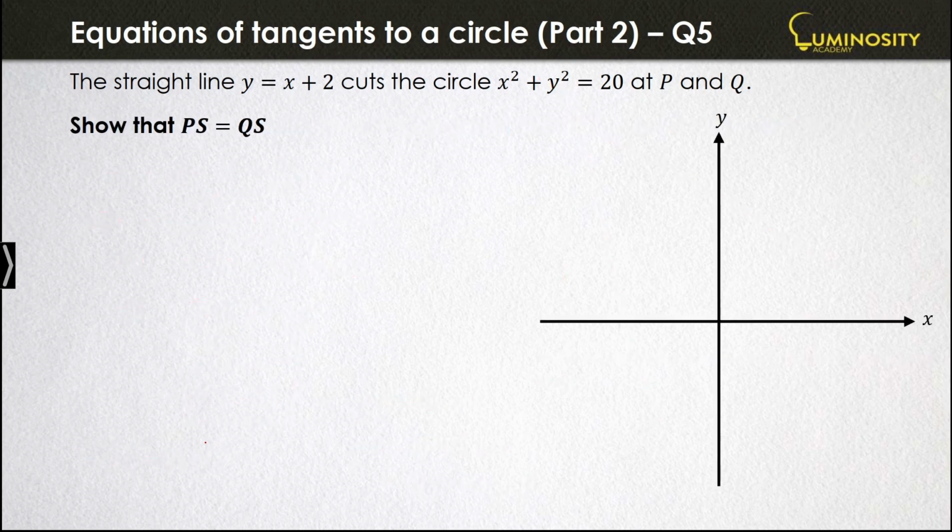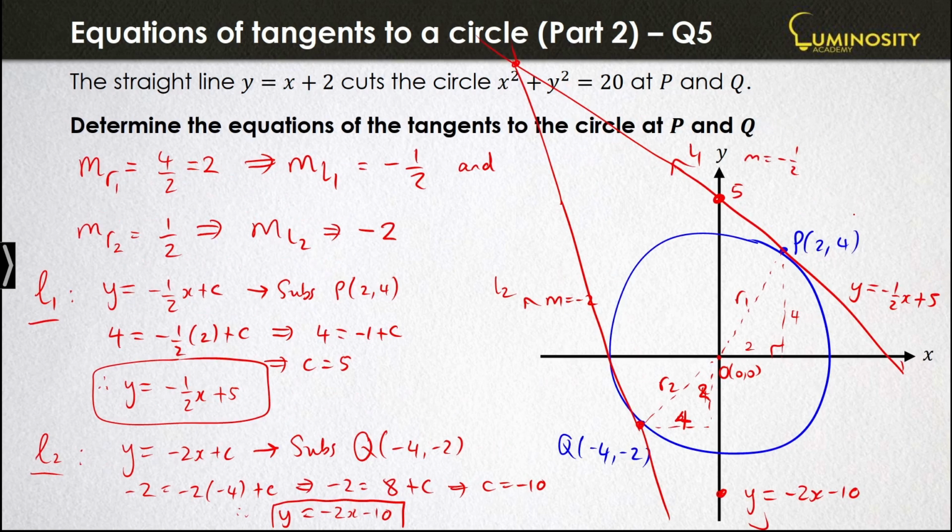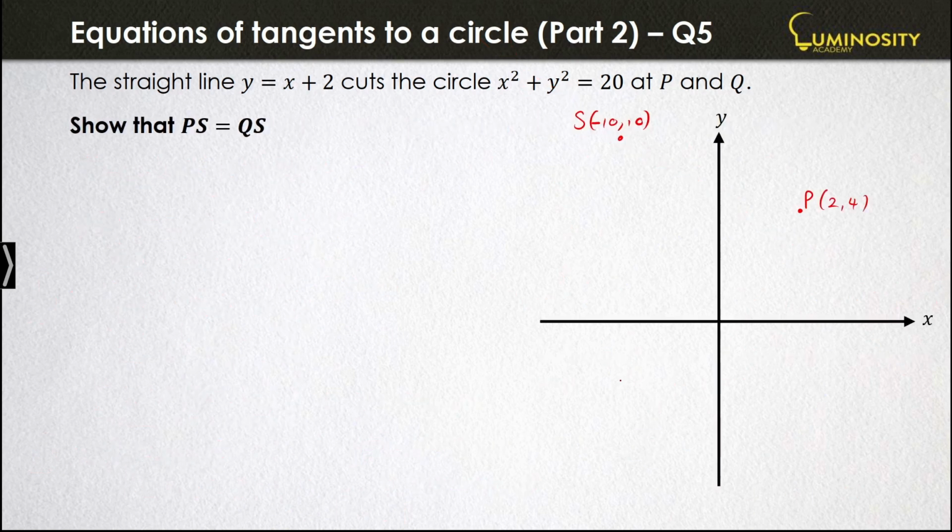Now we want to show that the length of PS equals the length of QS. S was this point up here, which was negative 10, 10. P was up here, which was 2, 4, if I remember correctly. Yes. And Q was this point here, negative 4, negative 2.